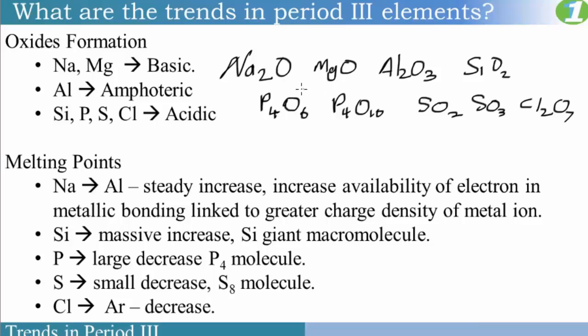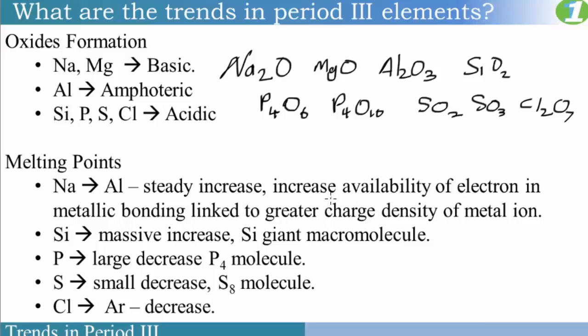Remember that trends in period 3 will be similar to trends in period 2. So if you get questions based on period 2, it should not be that difficult to understand, even though we're studying period 3. Let's move on to melting points. Now, sodium to aluminum, and these are metals, you will increase steadily in the melting point. Why?